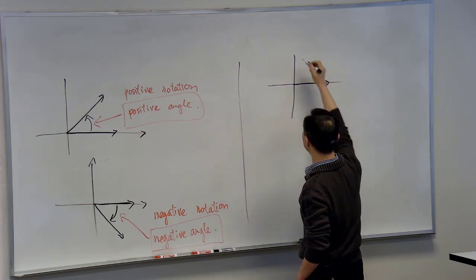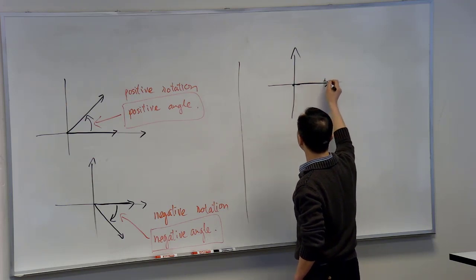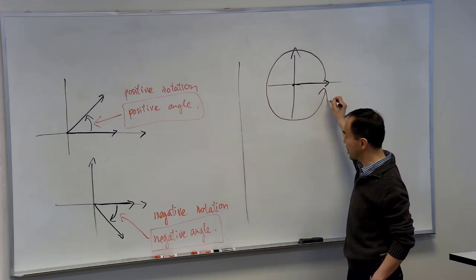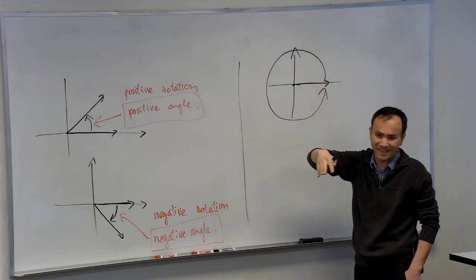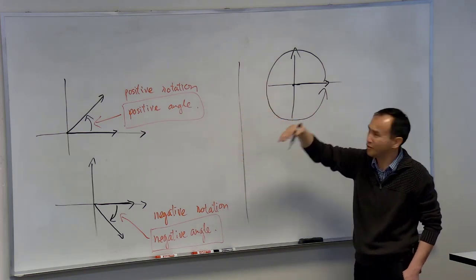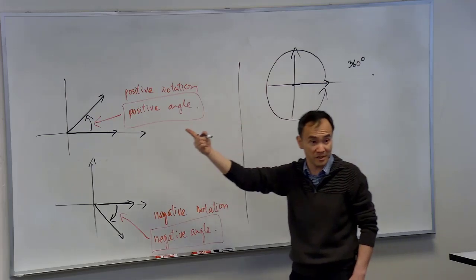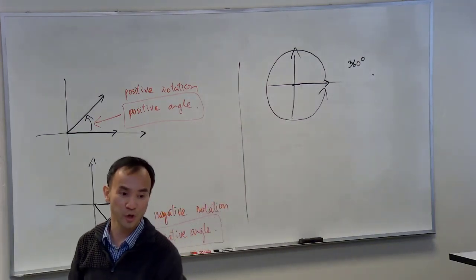Your initial side is here, and your terminal side is rotating. If you make one complete rotation, don't you learn from earlier that it's 360 degrees? We use degrees to measure the rotation and how much angle we produce, how much opening up.